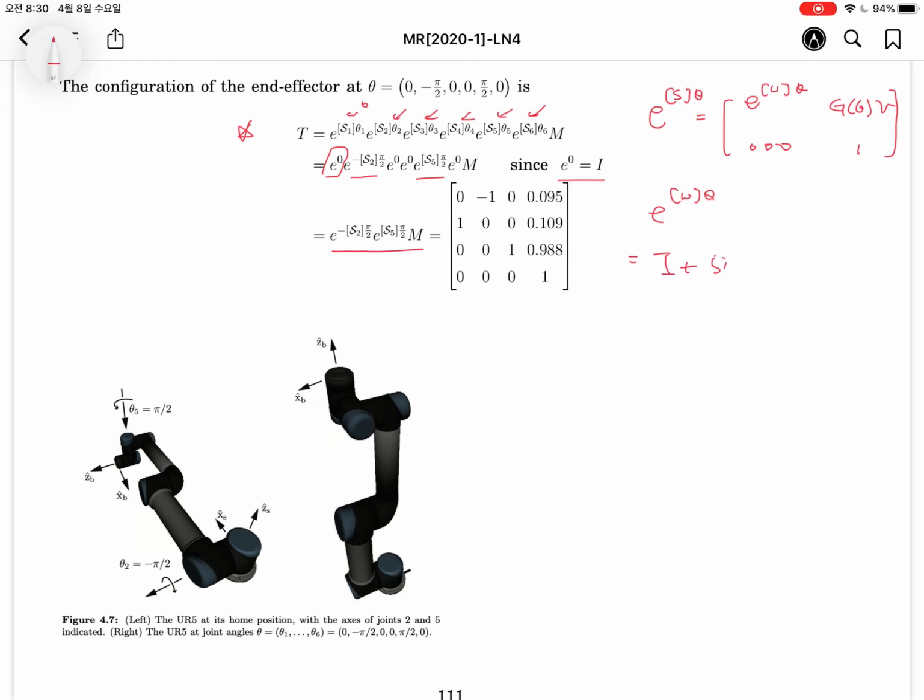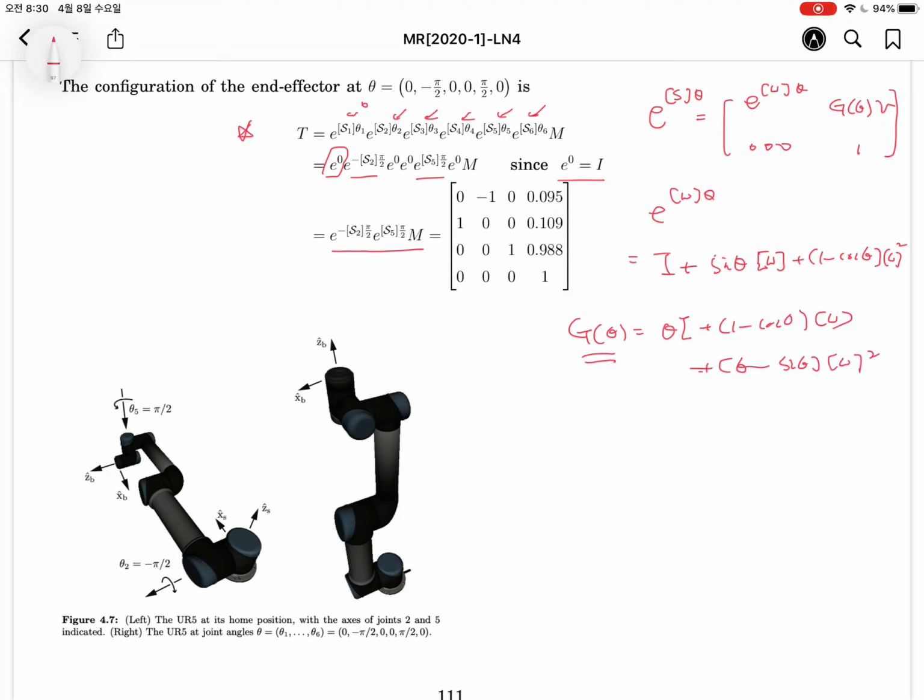According to the Rodrigues formula, it is I plus sine theta [omega] plus (1 minus cosine theta) [omega] squared. The G(theta) will be theta I plus (1 minus cosine theta) [omega] plus (theta minus sine theta) [omega] squared.